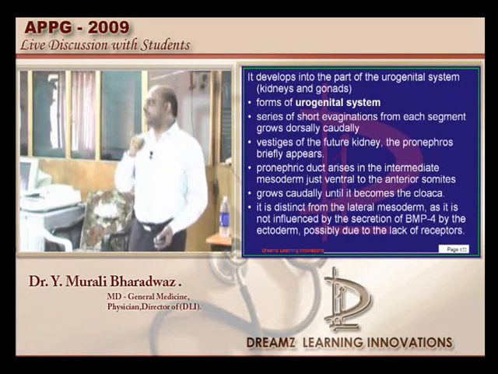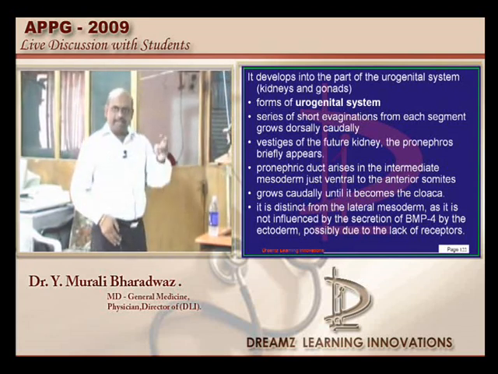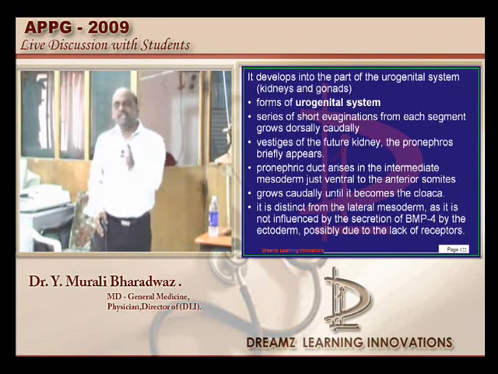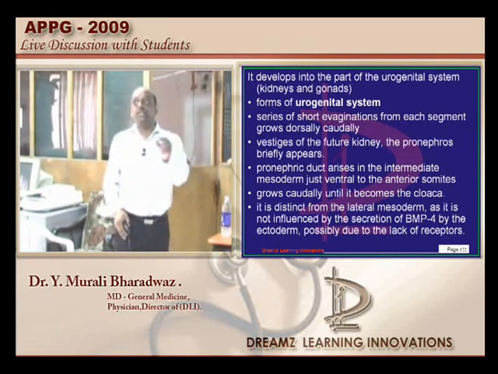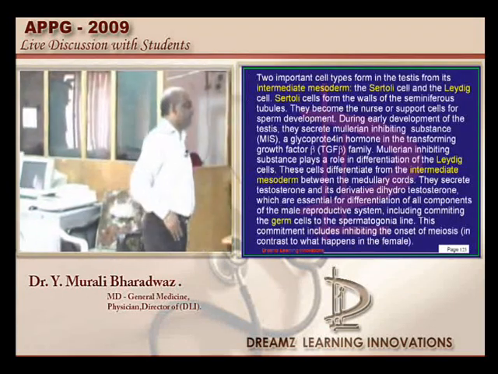In males, what does it form? The Sertoli cells are the derivatives of the intermediate mesoderm, Leydig cells are the derivatives, but the spermatogonia and primitive germ cells don't come from the mesoderm. Rather, they are basically derivatives of the yolk sac endoderm germ cells, is what you need to remember.